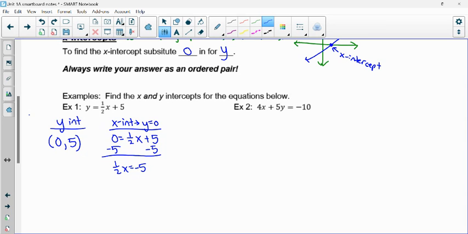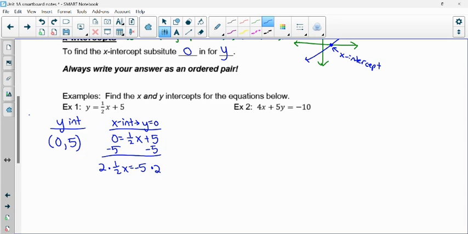So how do I undo multiplication by 1/2? Think of it as divide by 2 maybe. How do you undo division by 2? It's the opposite of division. Multiplication, so we can multiply by 2. So 2 times 1/2 is 1, right?